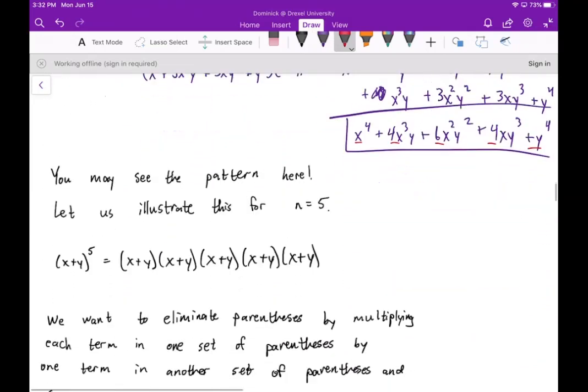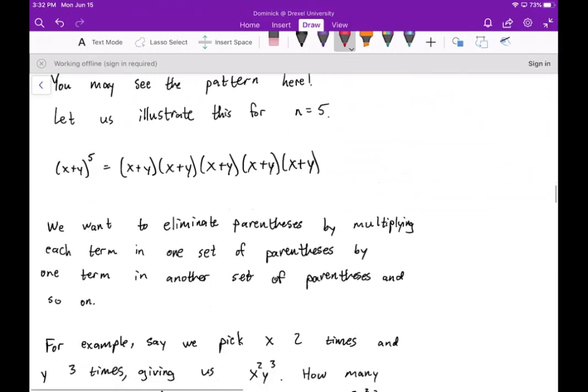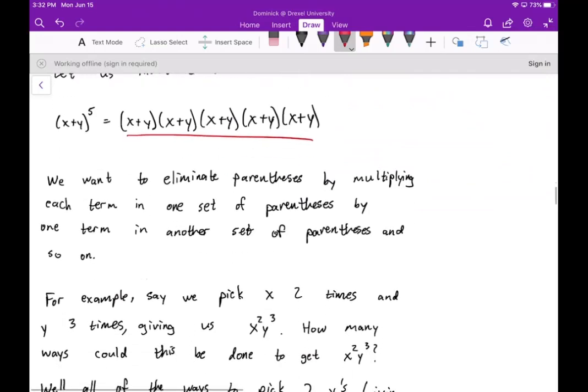So now we're going to illustrate the general pattern for n equals 5. Of course, we want to expand out x plus y to the fifth. So we want to eliminate parentheses by multiplying each term in one set of parentheses by one term in another set of parentheses, and so on. So let's say that I pick this x, and then I pick the other 3 to be y.